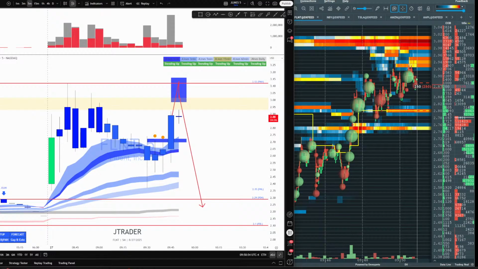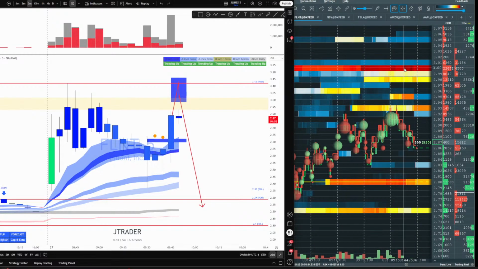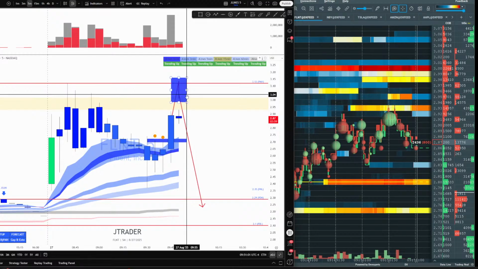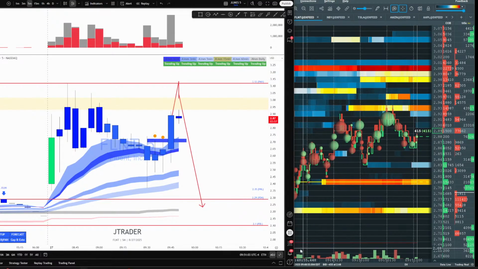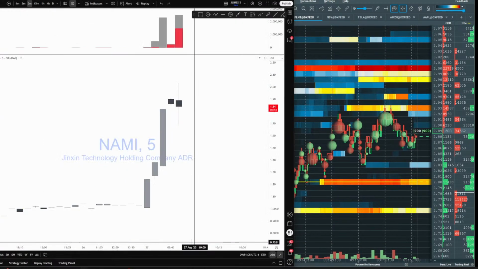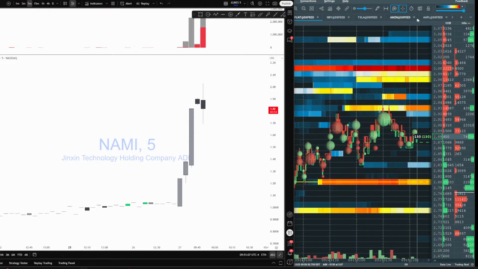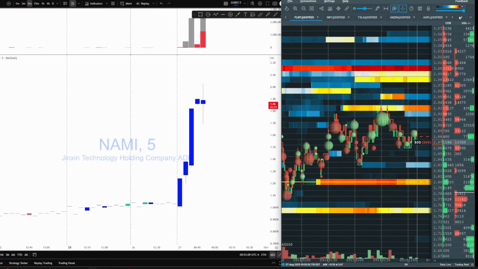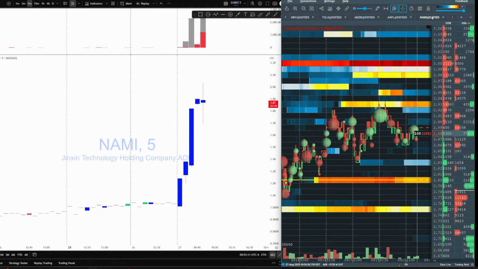Don't short here, FLNT team. We have a big heat map at $3. Want to see this pushing into the $3 at least. Another small cap, NAMI.